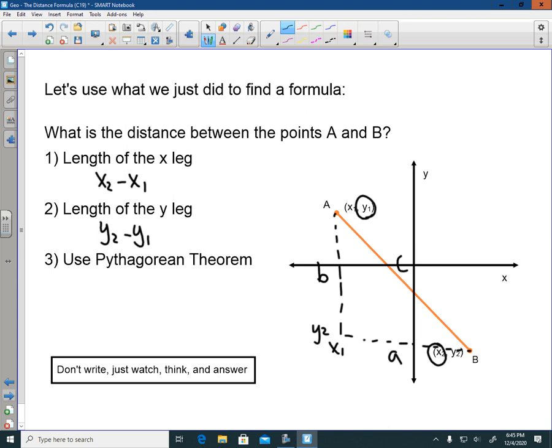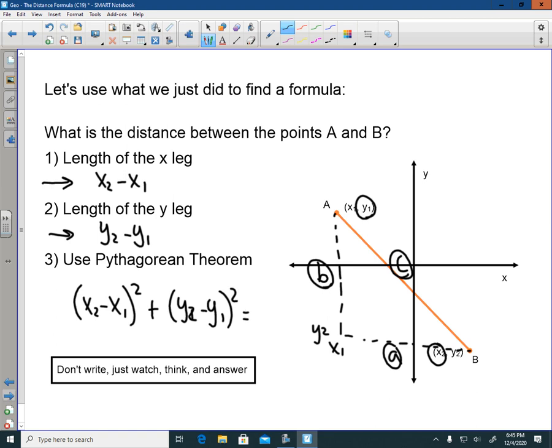Now, if we're going to find the length of C, we're going to need the Pythagorean theorem, because we would want a squared plus b squared equals c squared. Well, we know the length of A is this right here. So we could take x2 minus x1 and square it, add that to the b leg, which is this one, y2 minus y1, squared, equals the length of that segment squared, c squared.